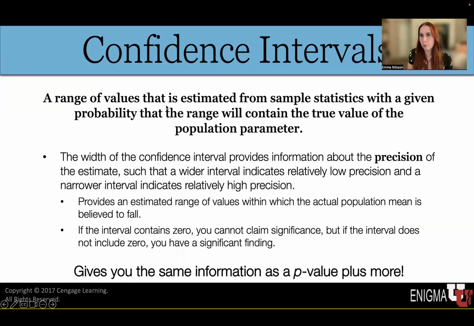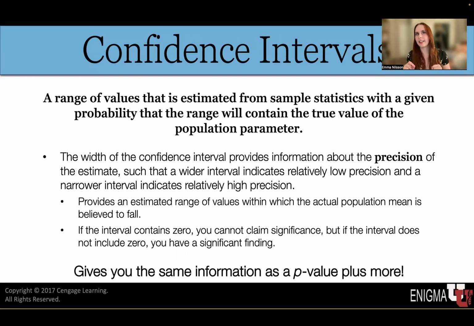The next thing we're going to report with our null hypothesis significance testing is called confidence intervals. Confidence intervals are, as you see up here, a range of values that is estimated from sample statistics with a given probability that the range will contain the true value of the population parameter. In other words, if we were hypothetically looking for the mean, using our sample statistics, we are going to create a range.